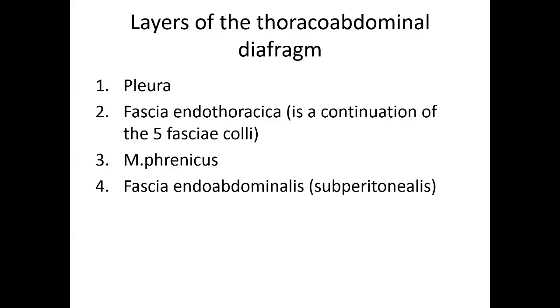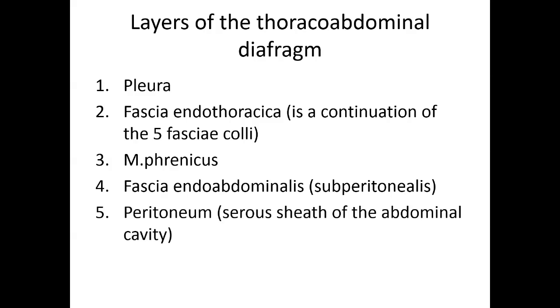Fascia endoabdominalis or fascia subperitonealis. And we can say that this fascia is analogous to the fascia endothoracica. But fascia endothoracica covers the thoracic cavity from inside, while fascia endoabdominalis covers the abdominal cavity from inside. And the most inferior layer, the last fifth layer, is the peritoneum, the serous sheath of the abdominal cavity. Peritoneum.